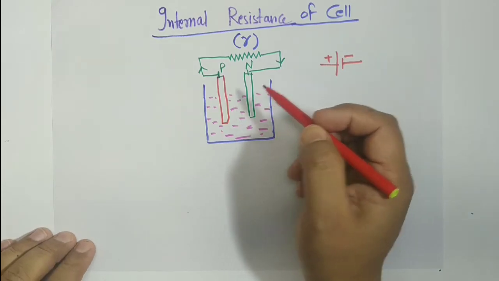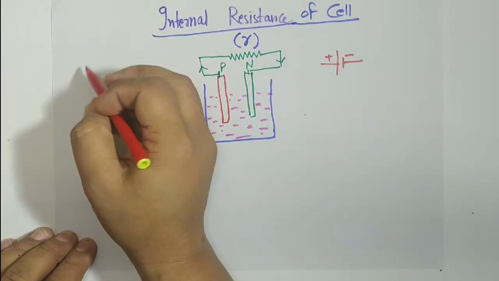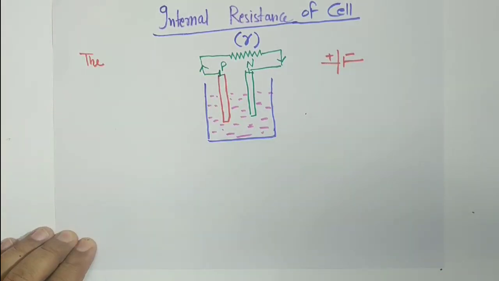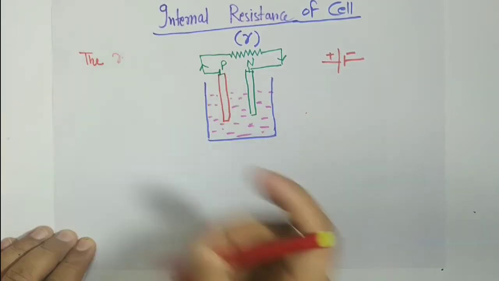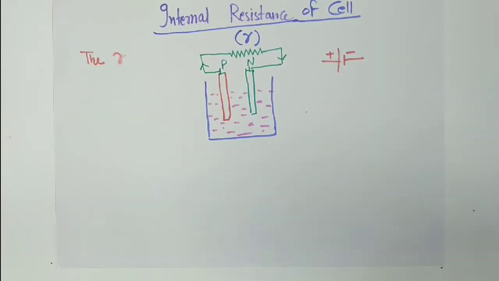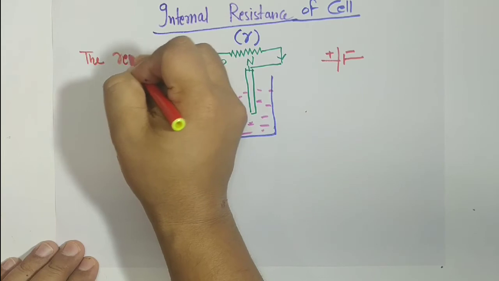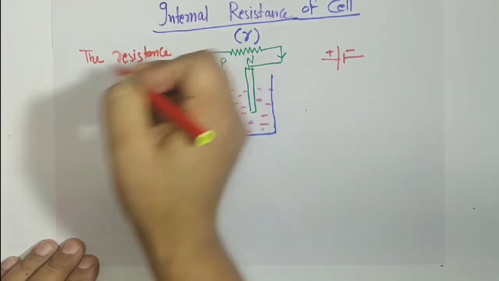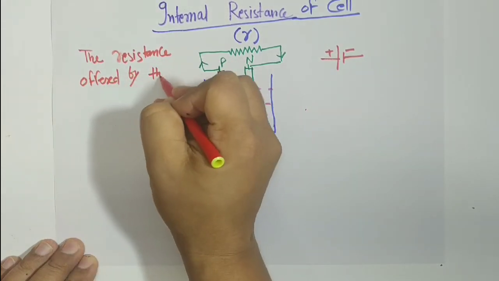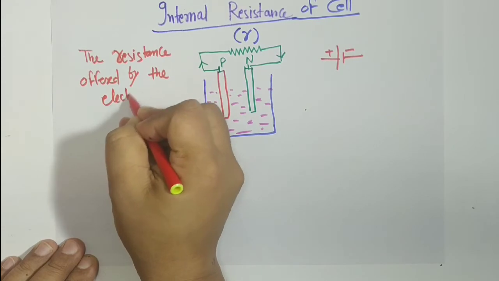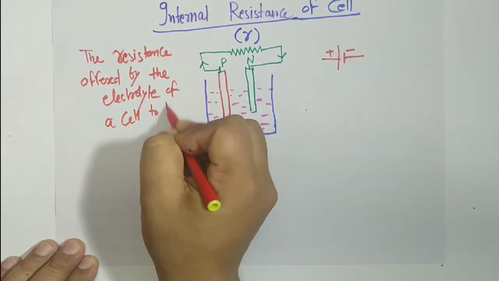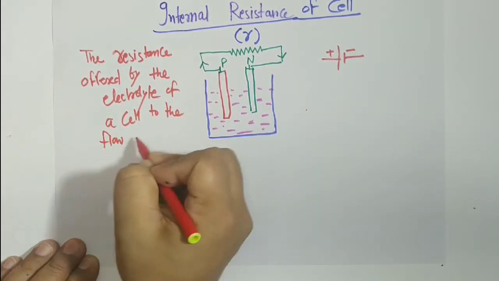So what exactly is the internal resistance? If I ask you what exactly it is, it is the resistance offered by the electrolyte of a cell to the flow of current.